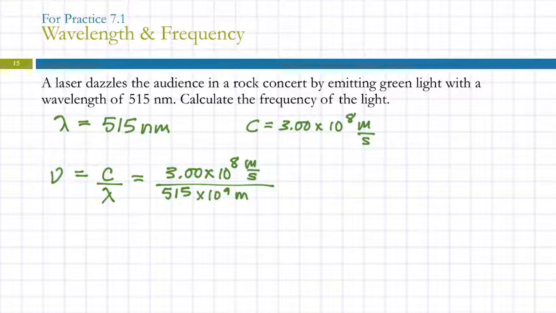So 3 times 10 to the 8th divided by 515 times 10 to the, it's not 10 to the 9, it's 10 to the minus 9. Yeah, 10 to the minus 9. I'm getting 5.83 times 10 to the 14.